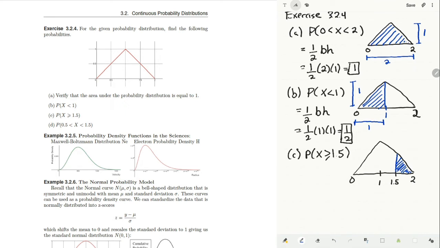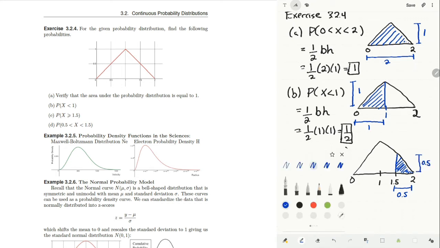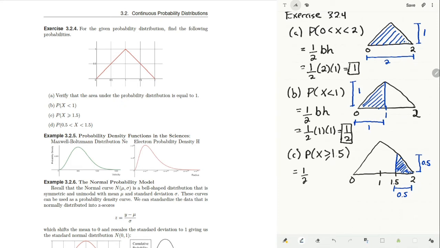So it would be the region to the right of 1.5, and we still have another triangle with a base of 0.5 and a height of 0.5. And so the probability will be 1/2 base times the height. So 1/2 times 0.5 times 0.5, and this is equal to 1/8.